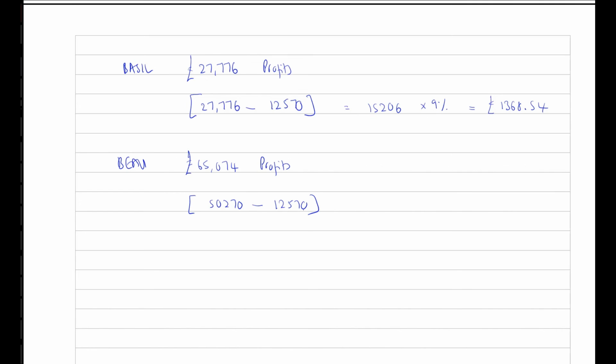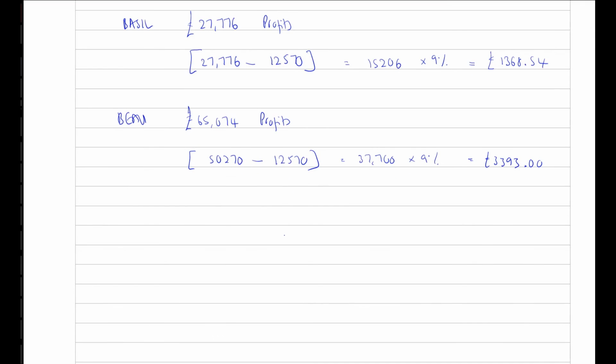So let's work out how much is in that banding. So 3393, no decimal places there, just a round number in terms of national insurance.